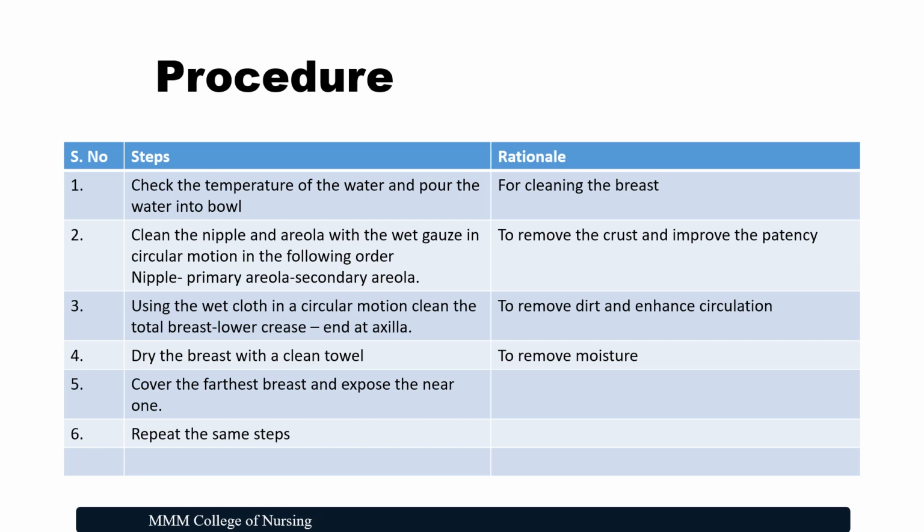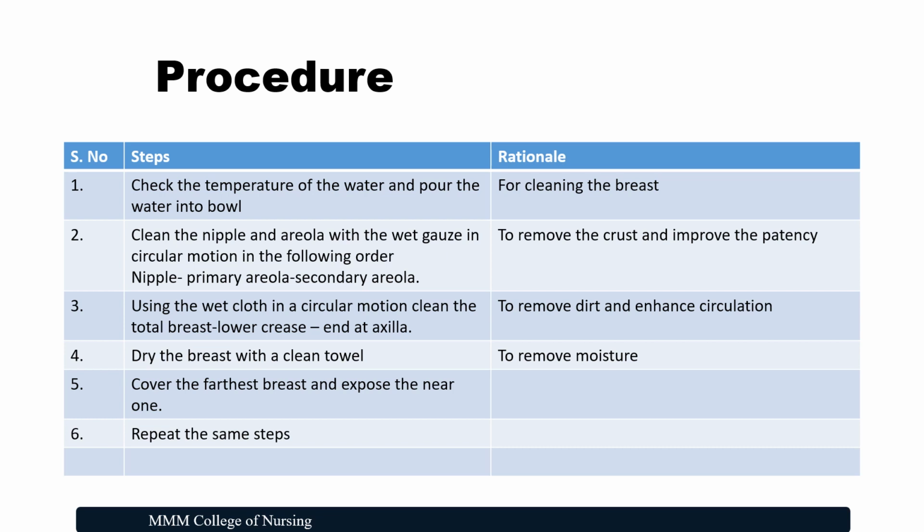So before I told you, farthest to the nearest, that is the principle. So in the farthest breast, first we are doing the cleaning. In that we have to go in an anti-clockwise direction. And using the wet cloth in circular motion, clean the total breast, lower curves and the axilla.